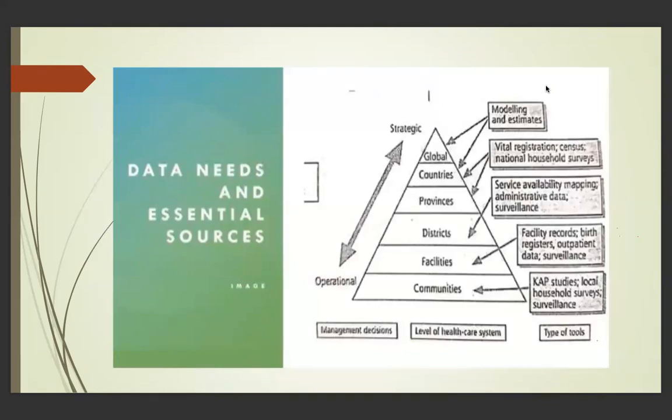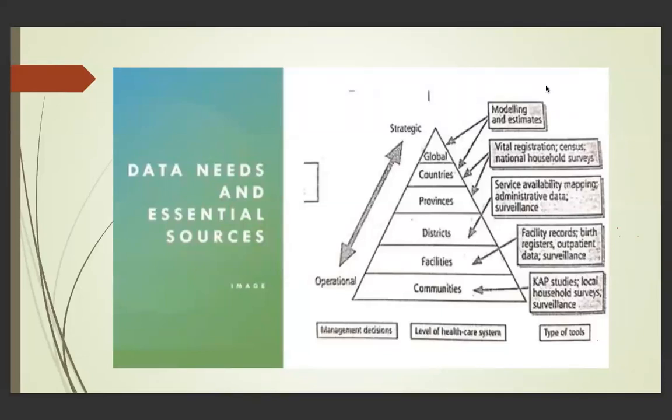Data needs and essential sources. Here we will be talking about the type of tools being used, the different levels of the healthcare system, and the decisions of the management. Basically, there are different levels of healthcare systems, starting with the communities. At this level, the tools used are KAP studies, local household surveys, and surveillance. At the facility level, there will be facility records, birth registers, outpatient data, and surveillance.